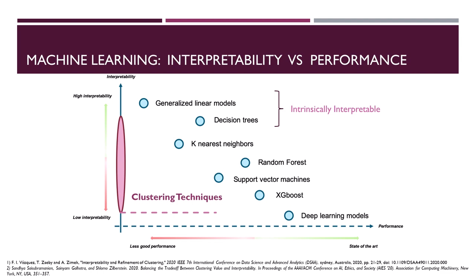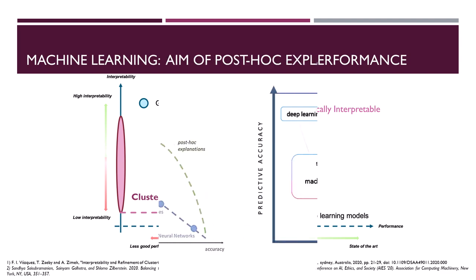We are not going to talk about why that happens, because that would require more technical discussions. For now, just understand that this trade-off between interpretability and performance applies to both supervised learning and clustering techniques or unsupervised learning models.